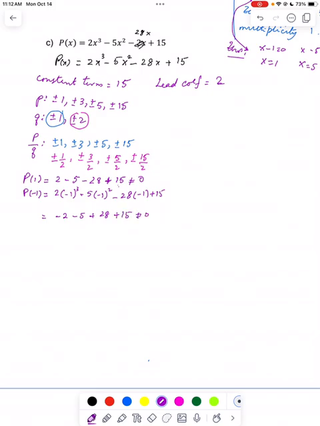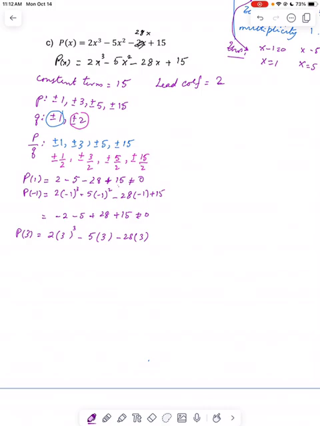So next value, 3. Okay, 2 times 3 cubed. What is 3 cubed? 3 cubed is 27, but we'll come back to it. Minus 5 into 3 squared minus 28 into 3. Actually, I should put these powers or exponents outside the parentheses, because with the positive value it doesn't matter much, but the negative value changes the scenario.